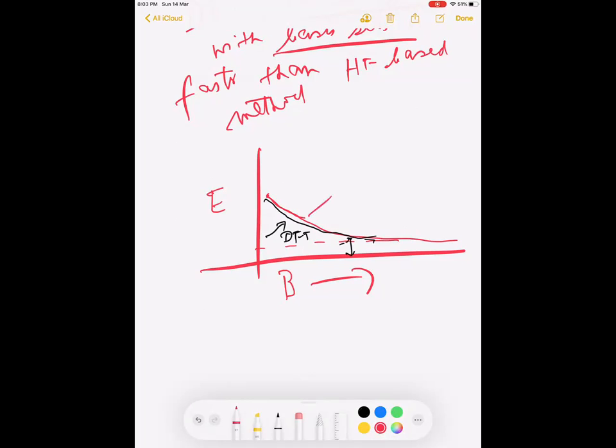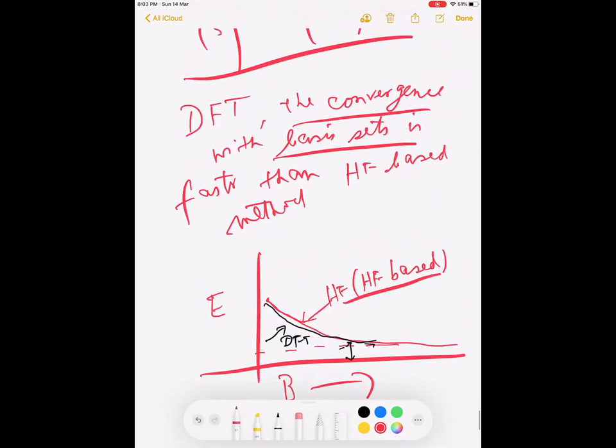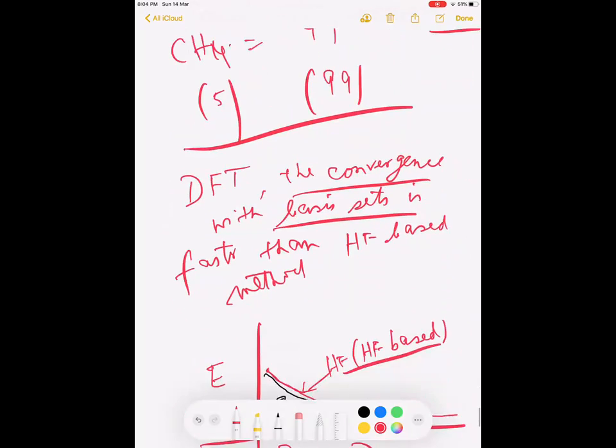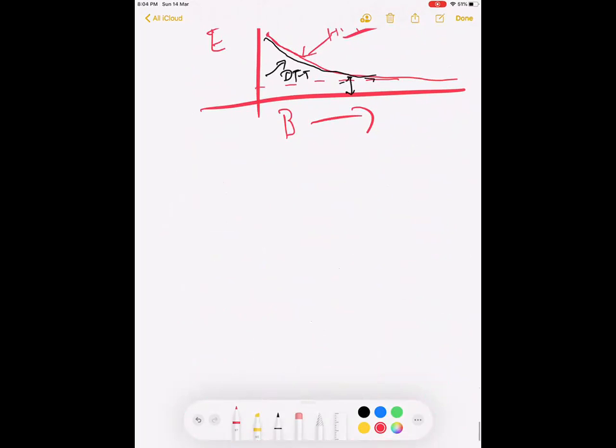And this is the Hartree-Fock or Hartree-Fock based methods, post Hartree-Fock methods. So DFT is in a way much faster, and people have realized that you actually do not require such complicated correlation consistent basis sets, very often augmented, and you can get basis set limit results with much smaller basis sets.